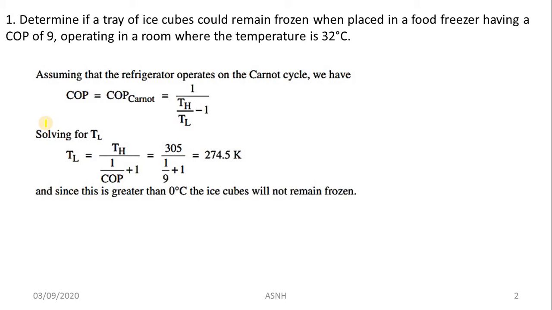Here the numerical is: determine if a tray of ice cubes could remain frozen when placed in a food freezer having a COP of 9. Here we want to calculate the temperature, and the Carnot COP is given, that is 9. One more temperature is given, the surrounding temperature, operating in a room where the temperature is around 32 degrees centigrade.